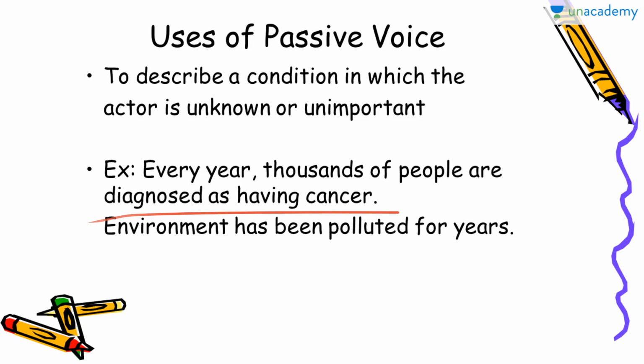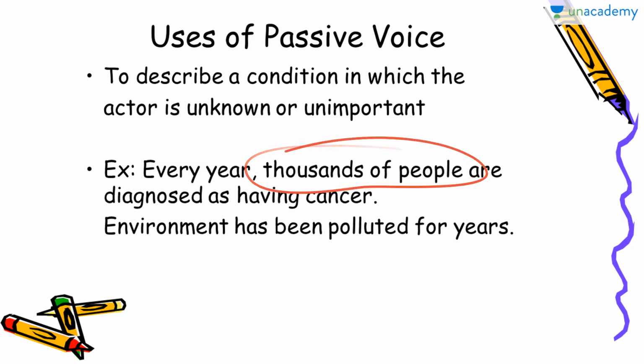I have nothing to do with them. Maybe I don't know the name of every doctor who diagnosed it. The main concern is that thousands of people are diagnosed. So my focus is that it's not hundreds, it's not lakhs, but thousands of people. That is what I want to convey in my sentence. And passive voice is a good choice to make sentences in such situations.